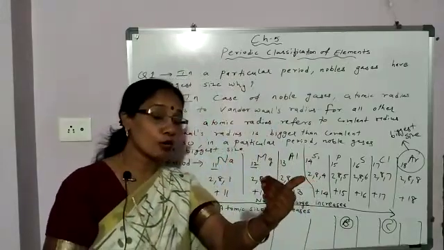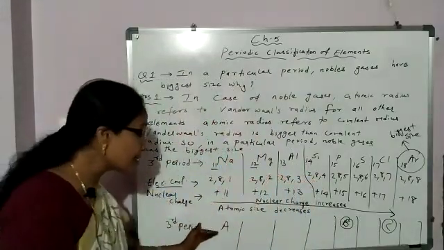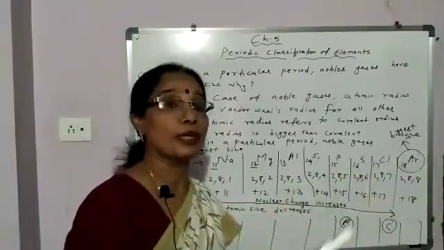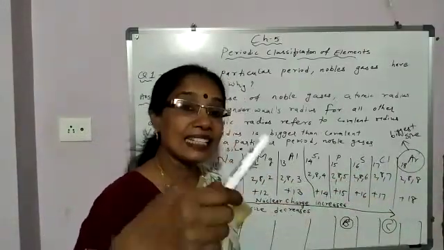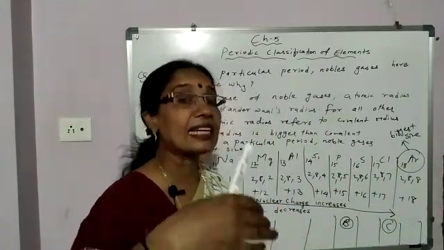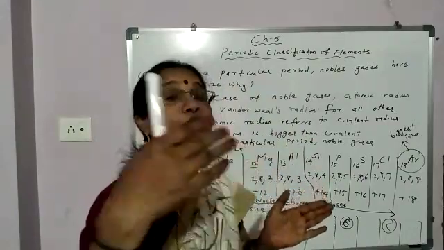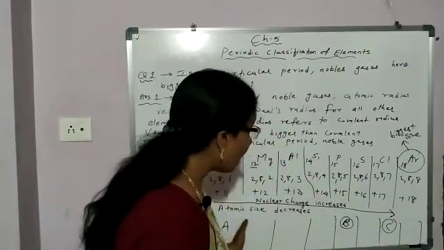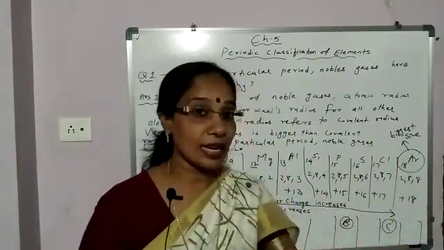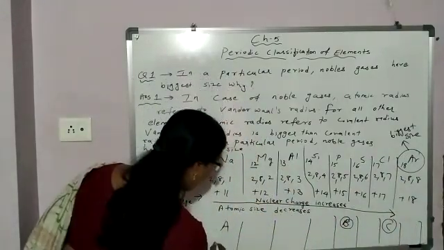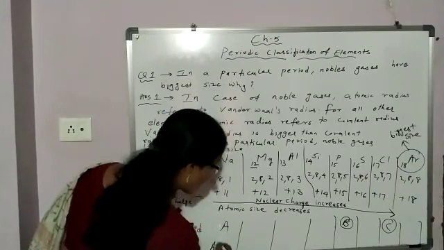Now next, what question can be asked? Arrange these three elements A, B and C in decreasing order of their atomic size. Decreasing order means bade se chhota, bigger size to smaller size. So out of A, B and C, which has the biggest size? Which is on the extreme left? A. So A has the biggest size.